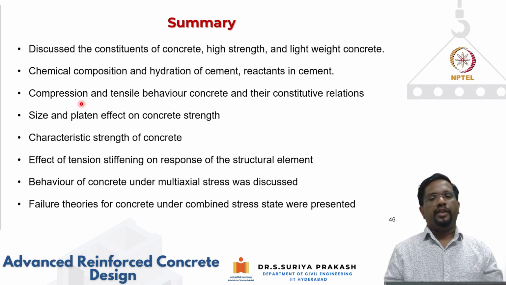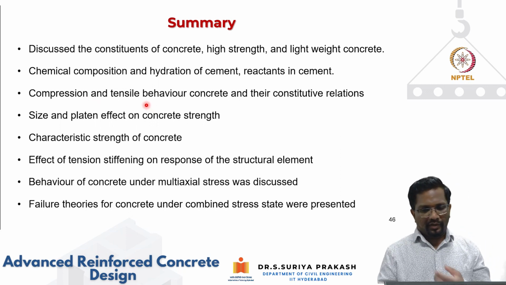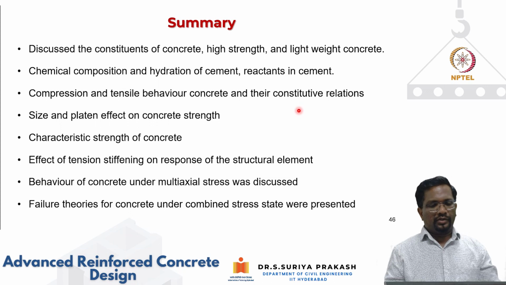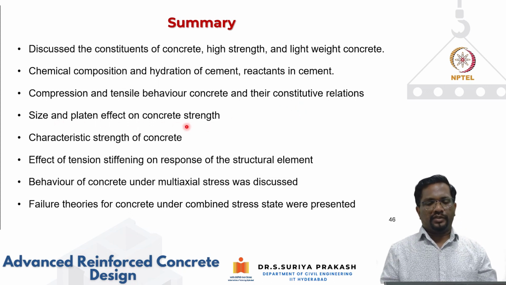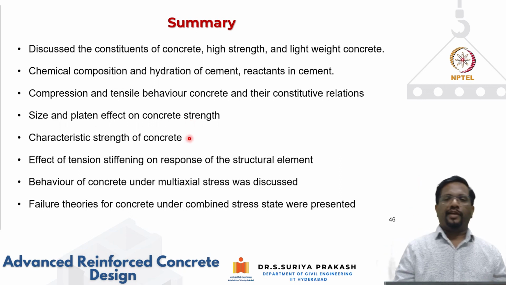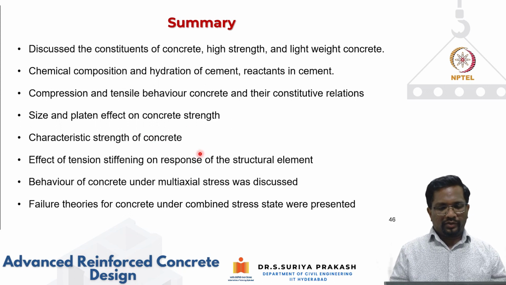In detail, we also discussed how failure occurs under compression, how you test concrete under tension, and how to establish different constitutive relationships. There is also a size effect and a platen effect on concrete strength. We talked about that, and about the characteristic strength of concrete in compression, which is a very important design parameter.